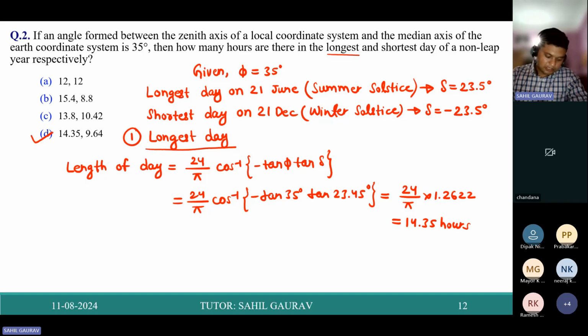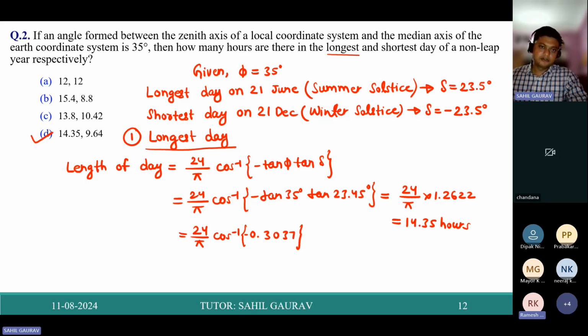Just be careful about degree and radian. If you are solving tan 35 degree into tan 23.45 degree, then you will get 0.3037 for the cos inverse of minus 0.3037.